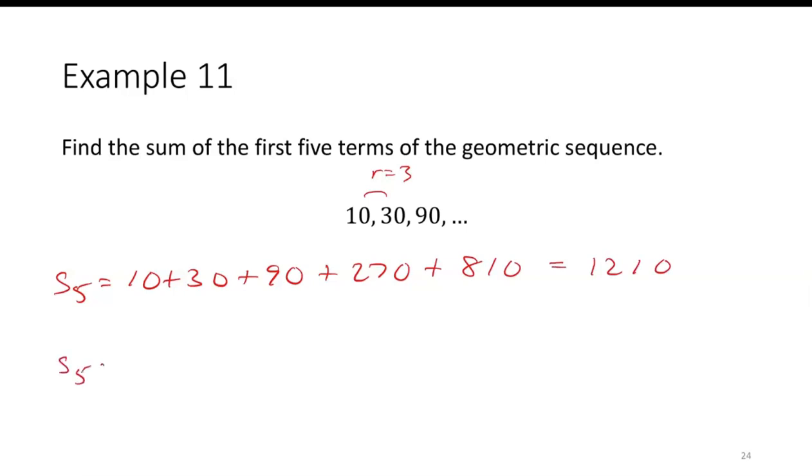But if I'm using the formula, my first term is 10. And then 1 minus 3 to the, see here, the first 5 terms, so 3 to the 5th, over 1 minus 3.